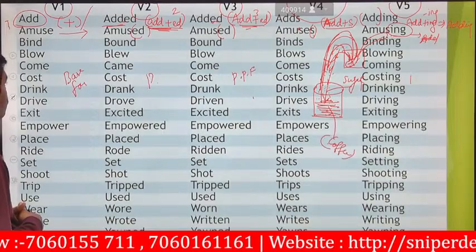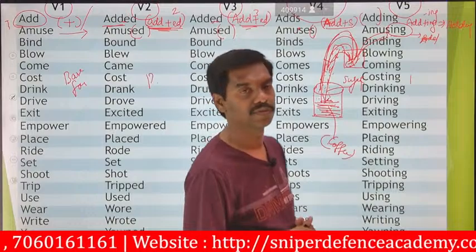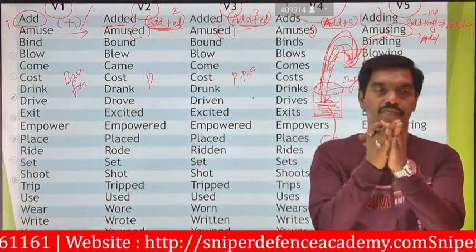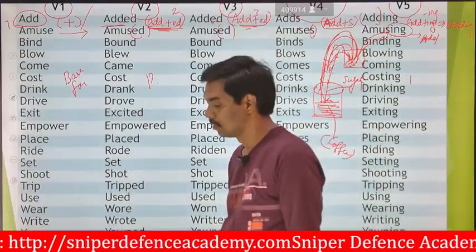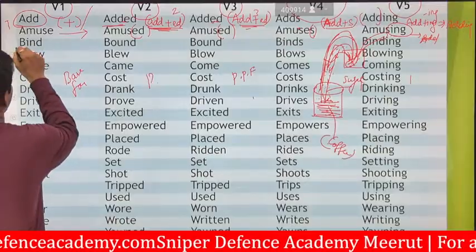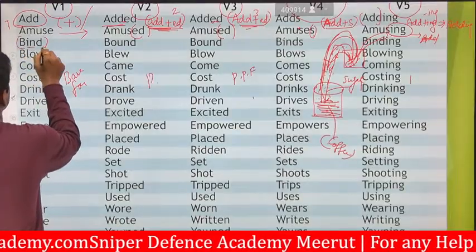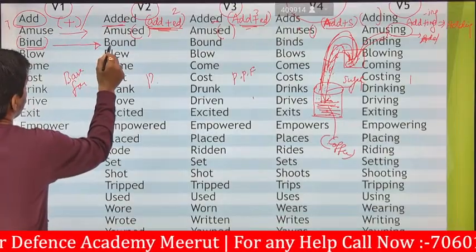Third one is bind. Just I'm going to bind it. I'm going to do some binding. Bind it, fold it, mold it. Whatever, that's a different bind. So bind means it is a different bind. Bind will be replaced in terms of bound.